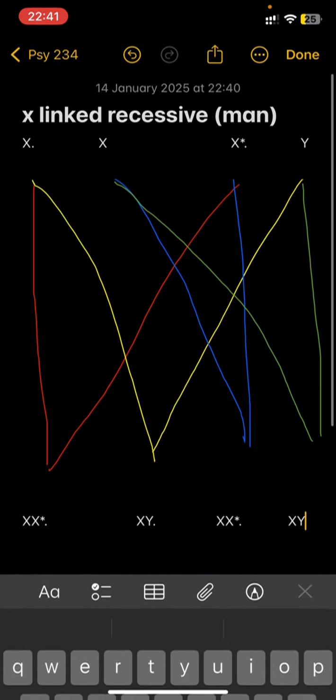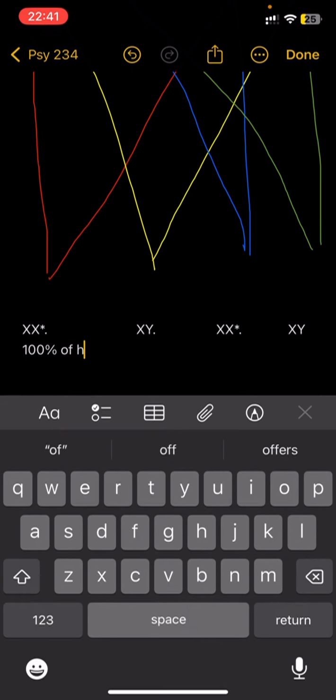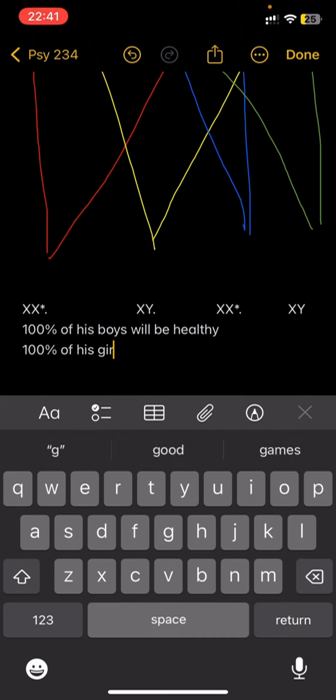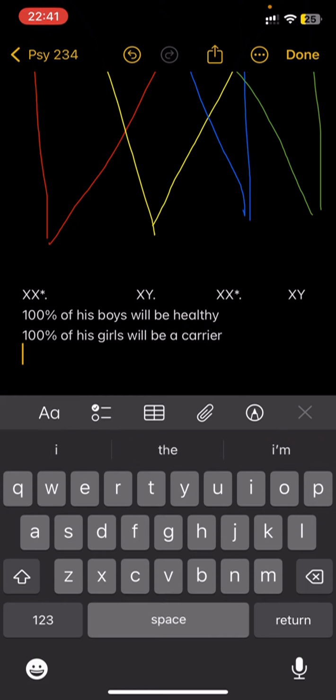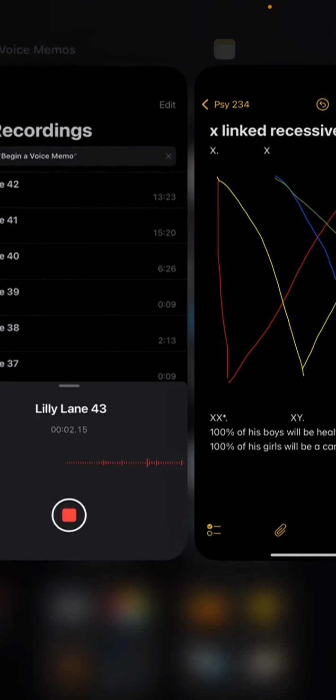So now it can be different, and they can spring that question on you. 100% of his boys will be healthy, and 100% of his girls will be carriers. Hope that makes sense. If the man has an X-linked recessive disorder, you can draw some conclusions.